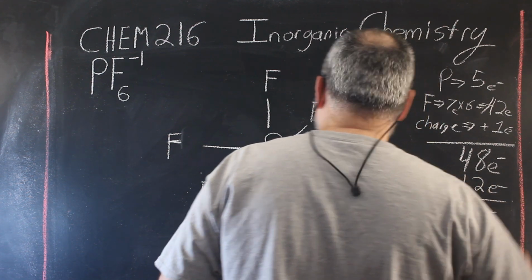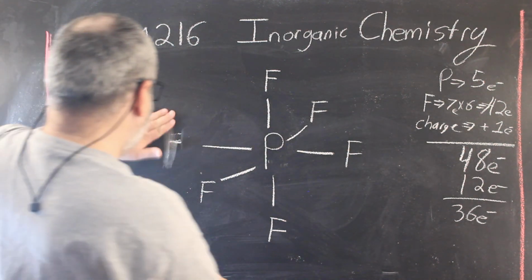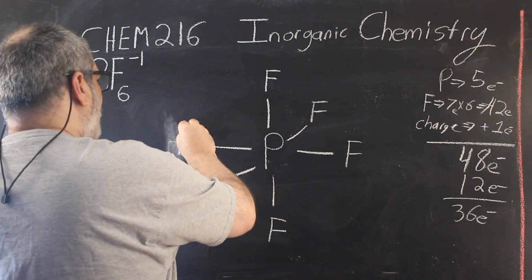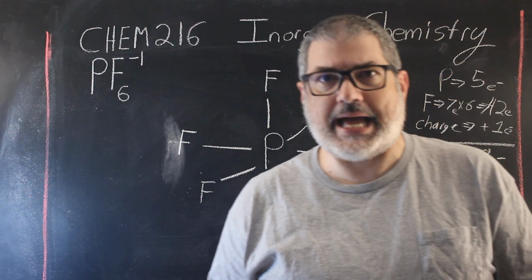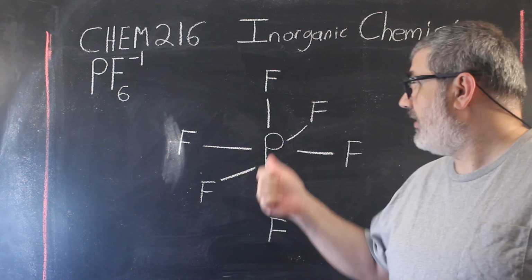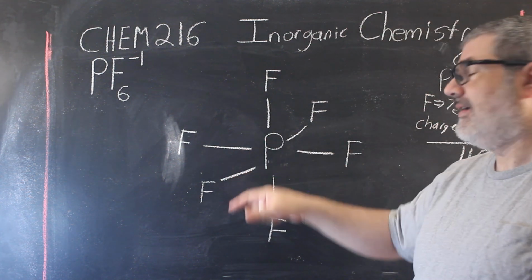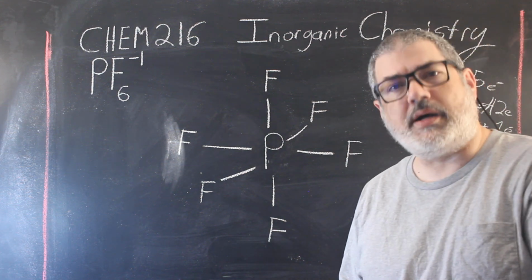So we have 36 electrons to work with. As I'm doing this, the first red flag that should have popped up as you listen to me say 2, 4, 6, 8, 10, 12, there's 6 chemical bonds.